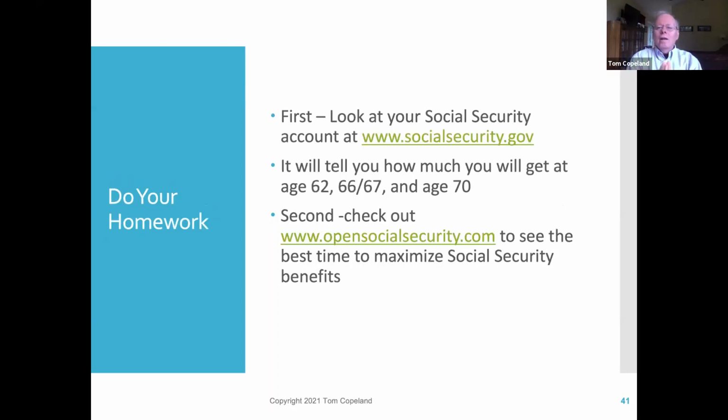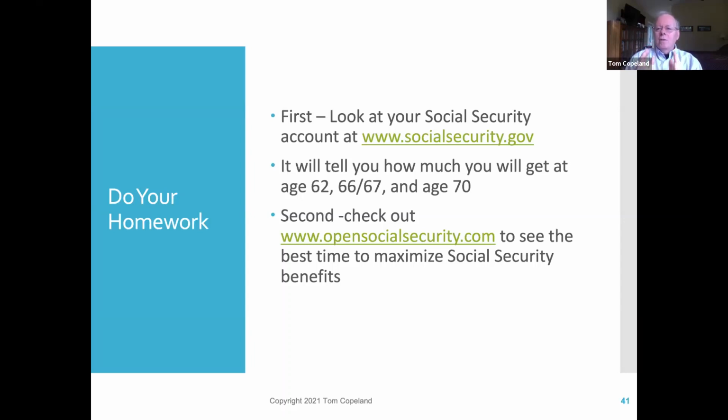I strongly recommend that before you take your Social Security benefit, if you haven't already, you take these two steps. First, go to the Social Security website and create your own account if you haven't already, and look at your annual Social Security statement.